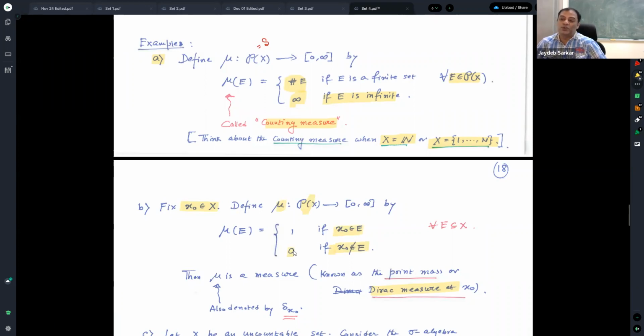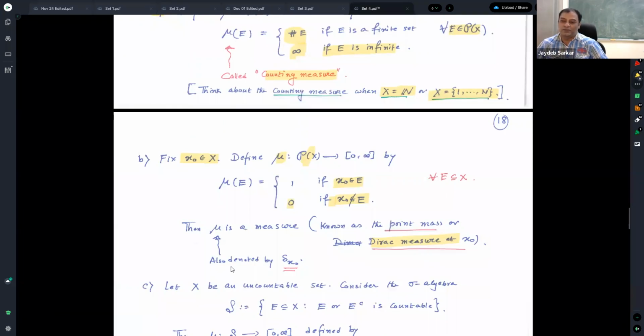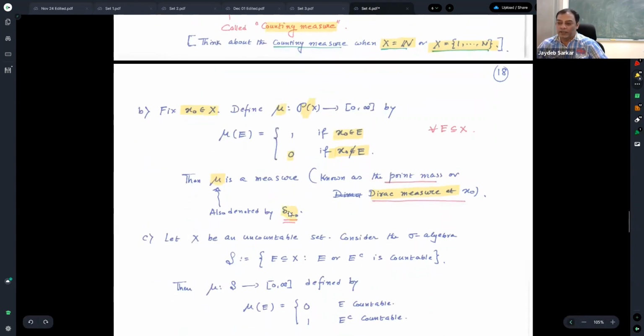So again, you prove that it is going to be a measure, and I think it's very easy, right? When you take a disjoint union of countably many sets, then it's not going to be difficult. There is a popular notation for this mu, the Dirac delta measure, that's delta of x naught.